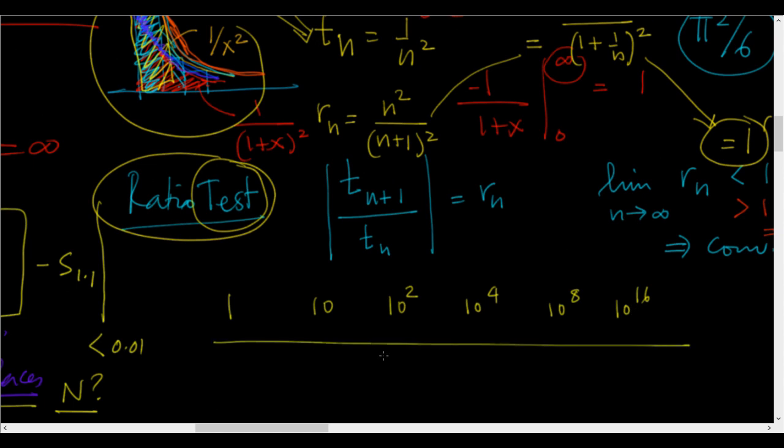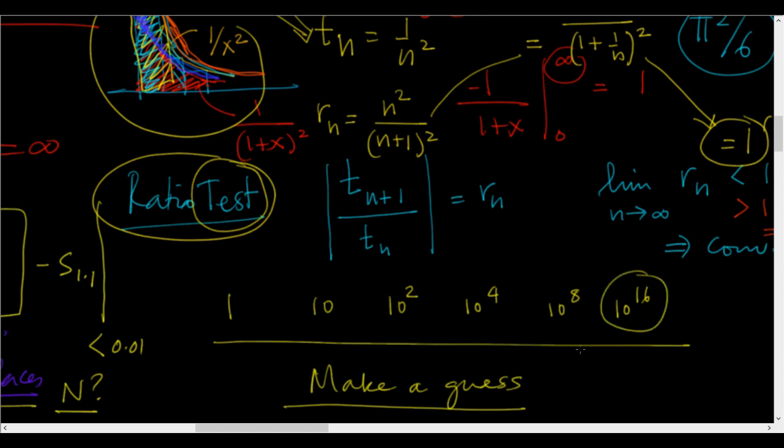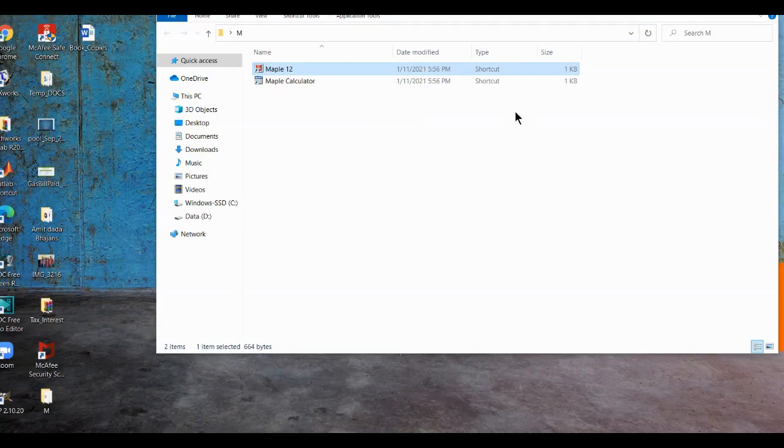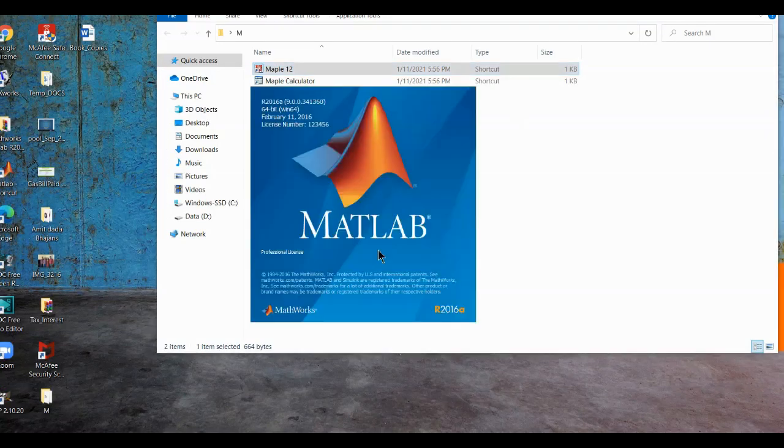You have to make a guess. Okay, and if you work it out, in fact the number is even bigger than this. It's quite a lot bigger. Just to show you that it doesn't work very well, let me use MATLAB, which is relatively quick.